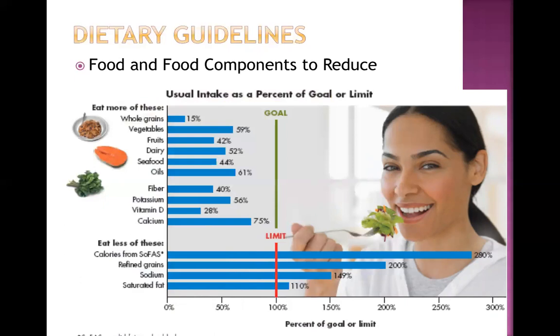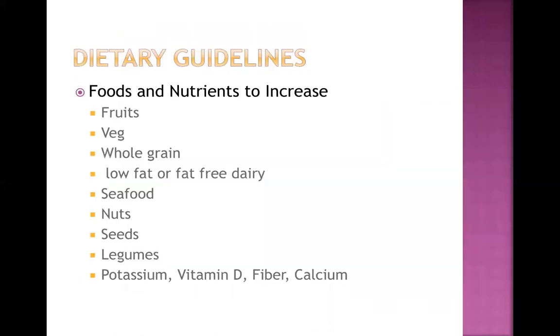And these are generally saturated fats and white sugar that have been added into the foods. Both have negative health consequences. Foods to increase, these are all very, very healthy foods, fiber-rich foods, vitamin-rich foods, seeds, nuts, legumes, whole grains, etc.